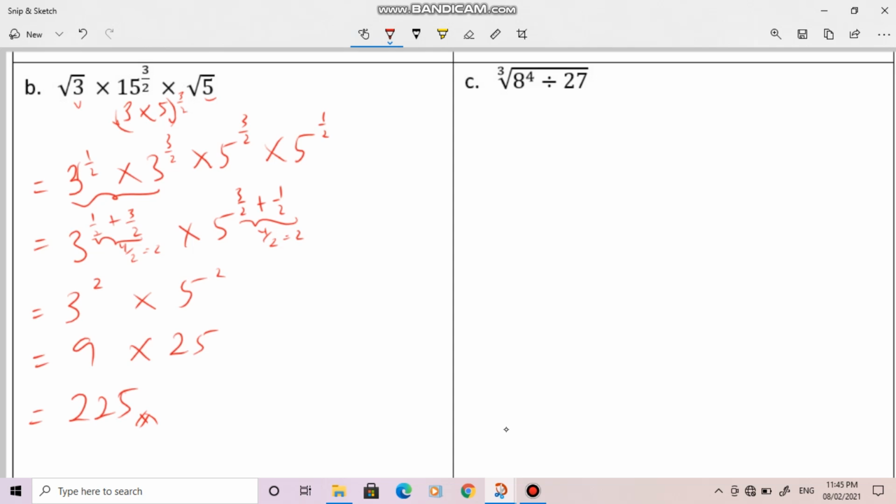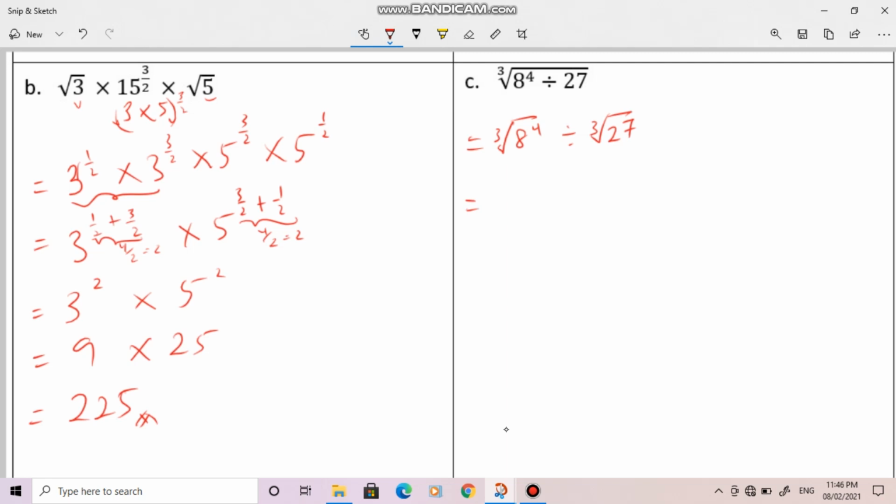Okay, for this question, if the terms are in one cube root, you can split it up. Cube root of 8 power of 4 divided by cube root of 27. Okay, and then solve for this one.